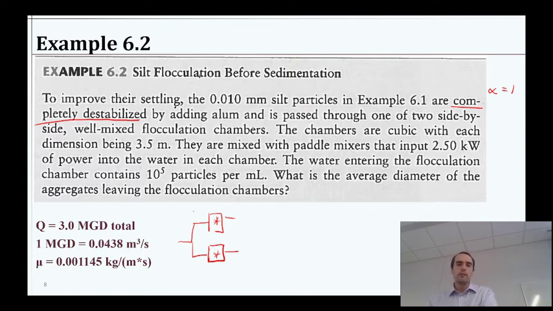Each of their dimensions is 3.5 meters. We are given something about the power input. So it says they are mixed with paddle mixers that input 2.5 kilowatts of power into the water of each chamber. So given power is 2.5 kilowatts.